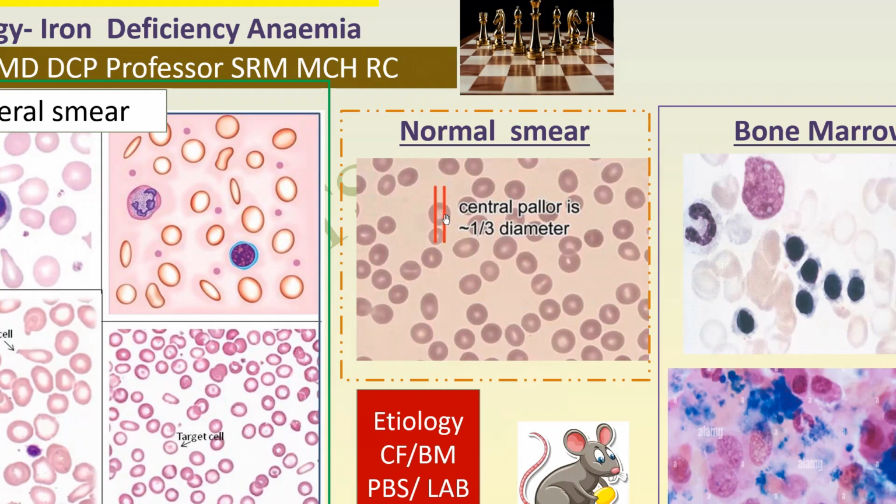Take this cell, for example: there is hemoglobinization, pallor, hemoglobinization, almost equal to each other. So this is a normocytic, normochromic RBC. The smear is normal as far as the RBCs are concerned.